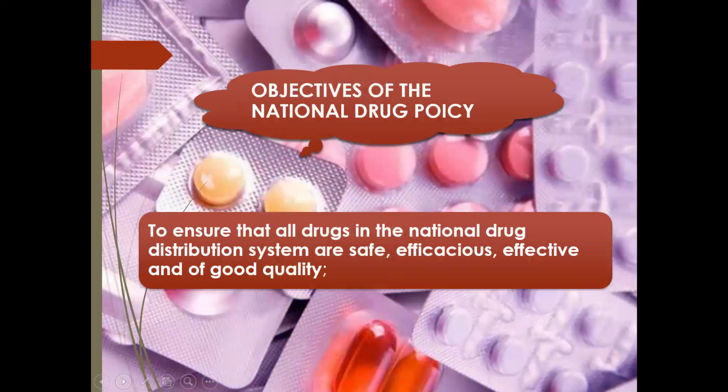The next objective is to ensure that all drugs in the national drug distribution system are safe, efficacious, effective, and of good quality. Most of the times, you find out that some drugs find their way to the market, especially in our own context here, where traditional medicines are not really being regulated as such.